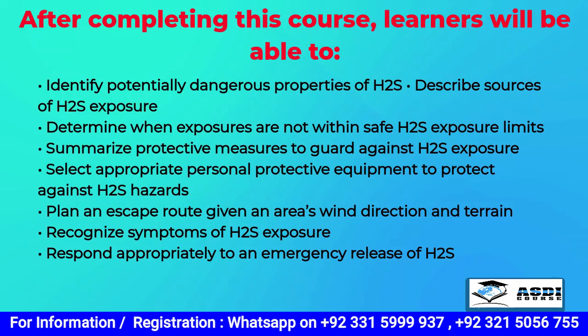Summarize protective measures to guard against H2S exposure. Select appropriate personal protective equipment to protect against H2S hazards. Plan an escape route given an area's wind direction and terrain. Recognize symptoms of H2S exposure. Respond appropriately to an emergency release of H2S.